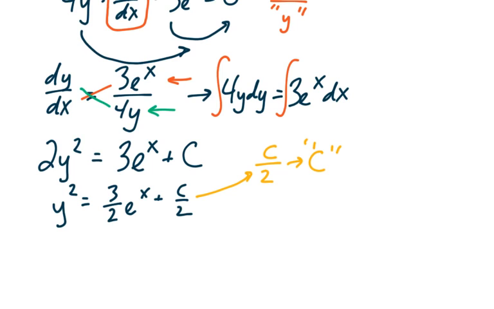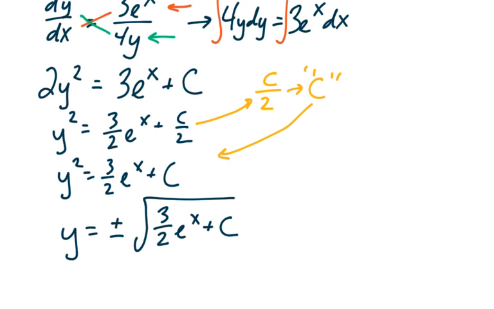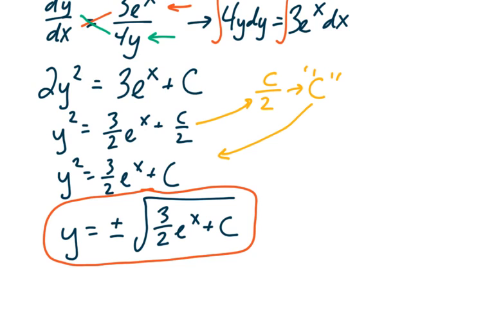So if you want to, we can call that a C1 or a C2, or again, just call it a C. It's not a big deal for now. And then last final step, why don't we take the square root? So y equals, don't forget it's plus or minus, the square root of 3/2 e to the x plus c. And there's my answer, folks. That one's not too bad.